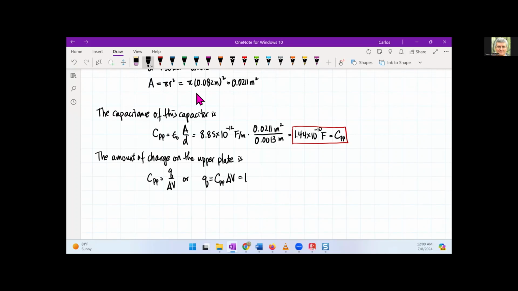So in this case, it's 1.44 times 10 to the minus 10 coulombs per volt times 120 volts. I didn't cancel the units out before, but you can see that the volts cancel out, and before, meters would have canceled with meters. So I get a charge of 1.73 times 10 to the minus 8 coulombs. In tighter notation, this would be 17.3 nanocoulombs, and that's the charge on the plates.